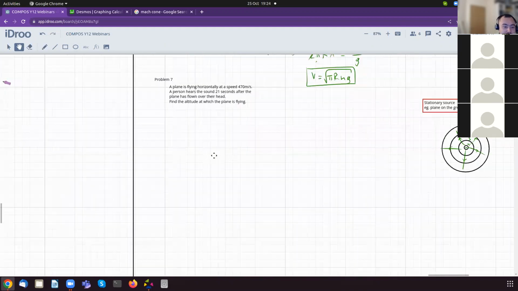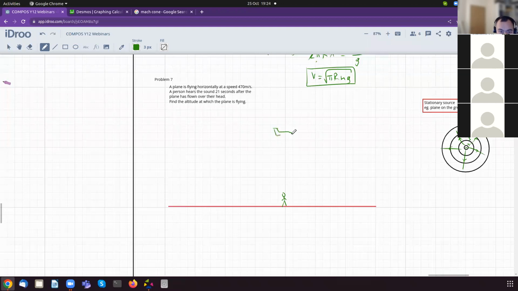So if you're standing on the ground, and the plane is above you and is flying faster than sound, it's creating this cone. And you will not hear anything until the cone reaches you. Okay? This is how the sound propagates.